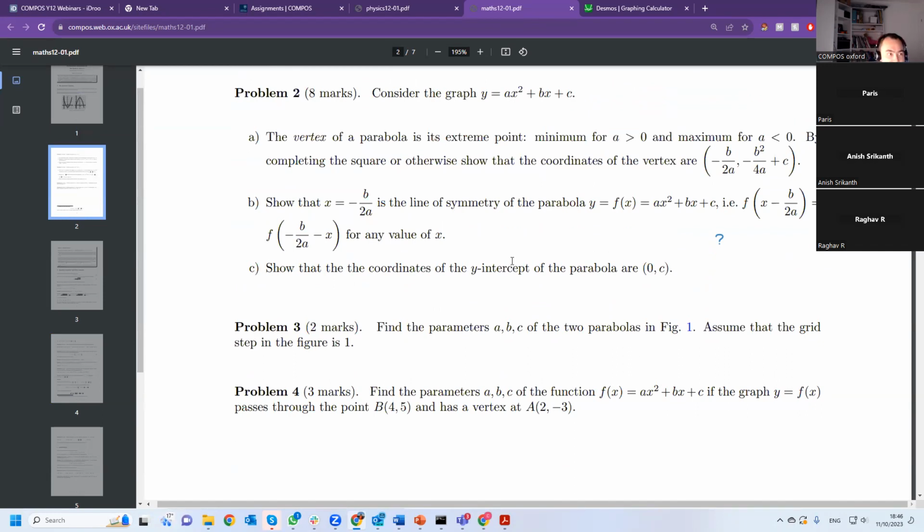For question 2a, the vertex is b over 2a minus b squared over 4a plus c.